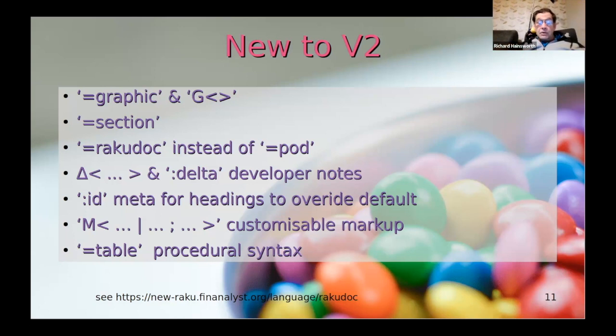We also obviously replaced pod with RakuDoc, and we've got this new inline marker called Delta, and Delta for developer notes. In the future, as we change the documents to reflect changes in the language, there is a competing problem.